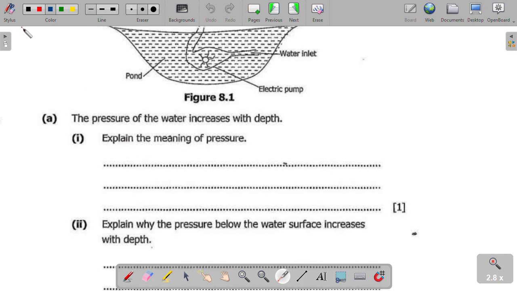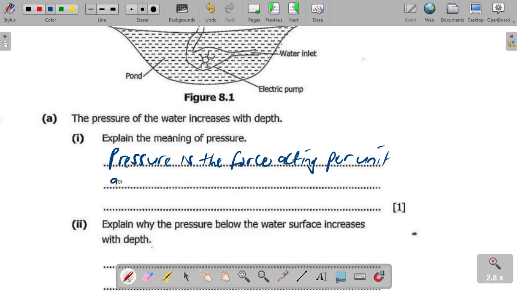Okay, so pressure is the force acting per unit area on a surface. So this is the simple definition.